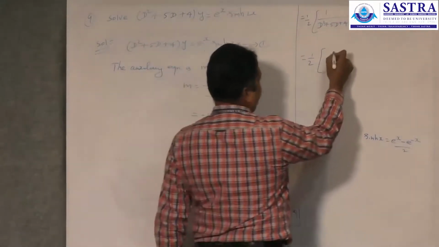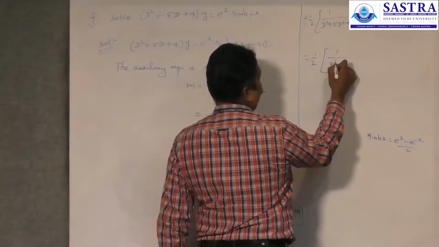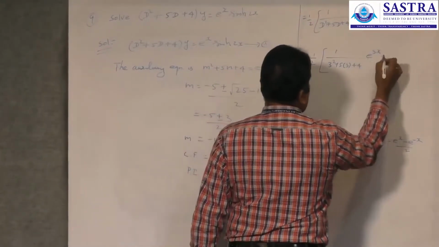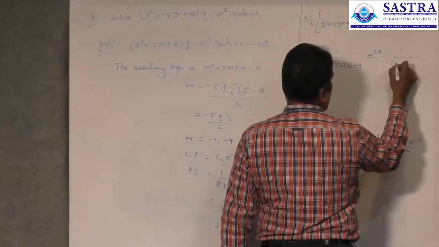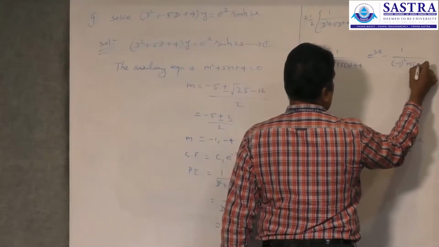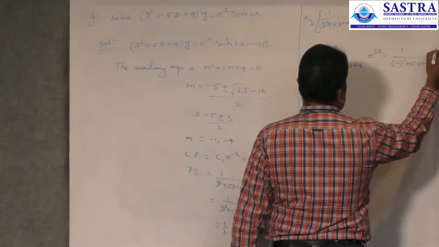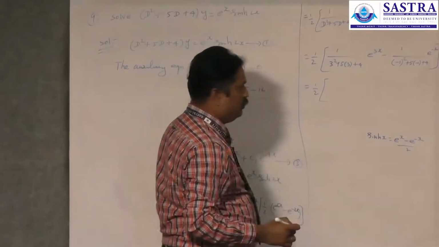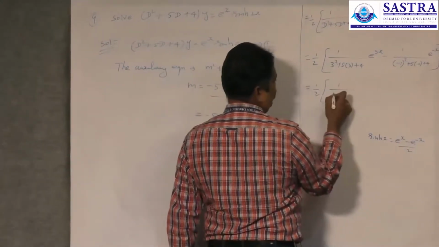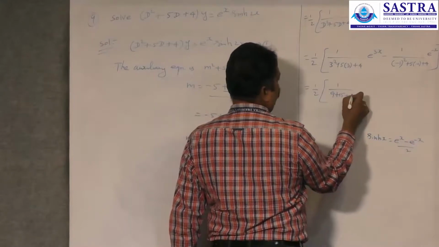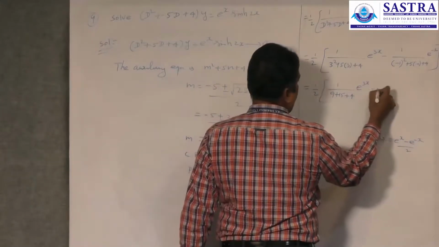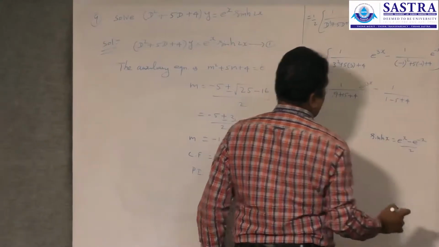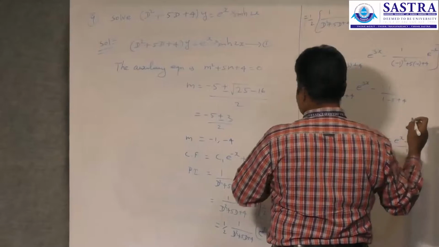On replacing D by 3, we get 3 square plus 5 times 3 plus 4 e power 3x minus, replace D by minus 1. Minus 1 the whole square plus 5 into minus 1 plus 4 e power minus x, which is equal to 1 by 2 times 1 by 3 square is 9, 9 plus 15 plus 4 e power 3x minus 1 divided by 1 minus 5 plus 4 e power minus x.